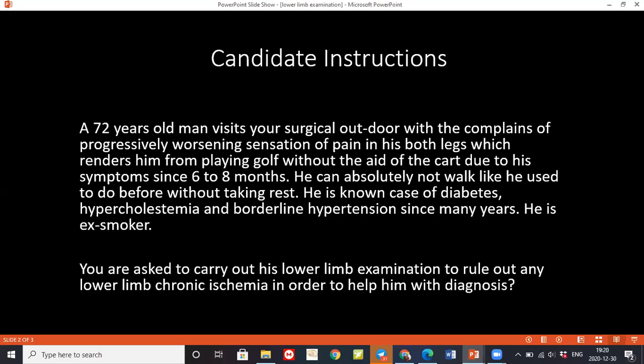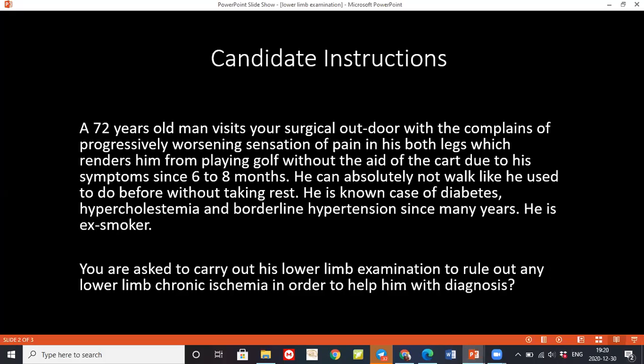There was normal capillary refill time. Then I went for the pulses. I felt the femoral and popliteal pulses. There may be decreased pulse felt over the feet, like the dorsalis pedis or posterior tibial pulse.